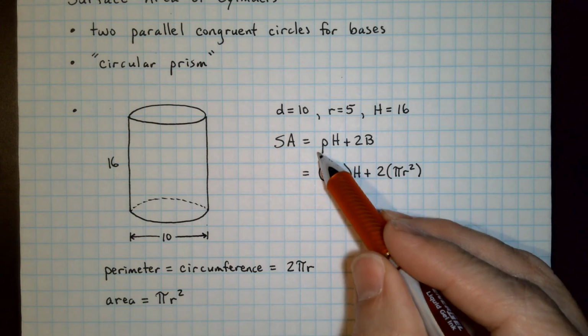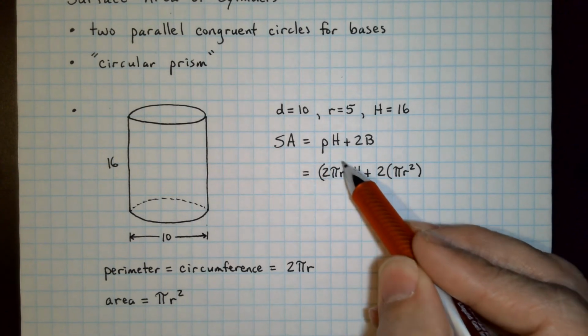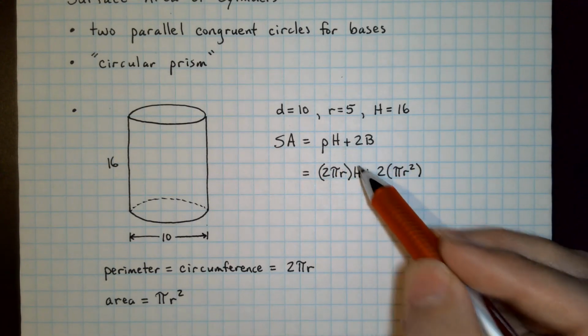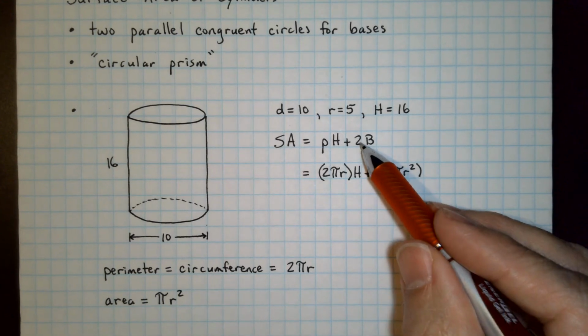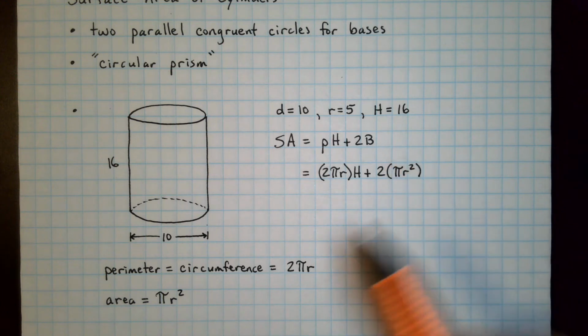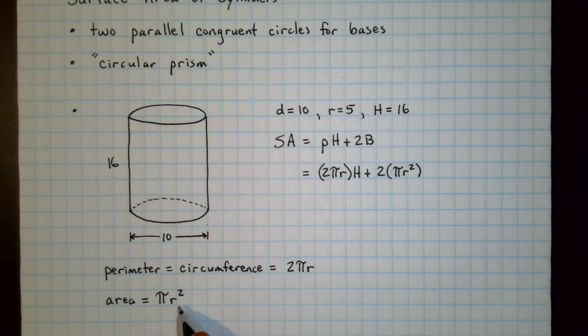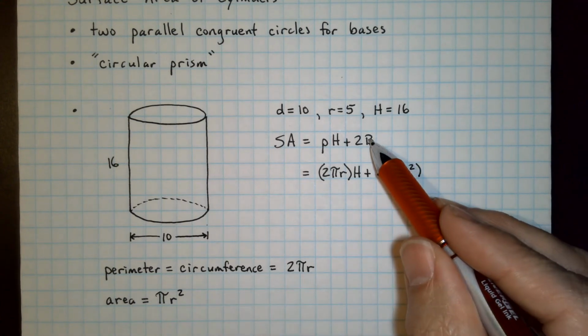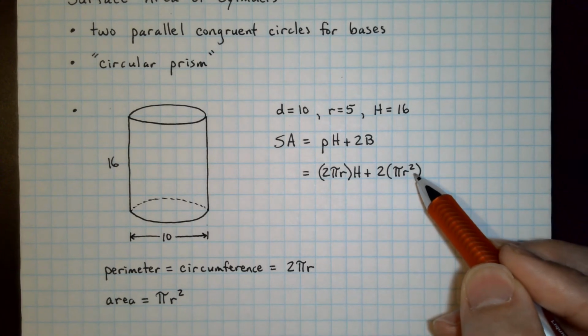So I can substitute in place of P 2 pi r. H stays the same. 2, of course, stays the same. B is the area of the base, and that's a circle. So that's pi times the radius squared. So I substitute for B pi r squared.